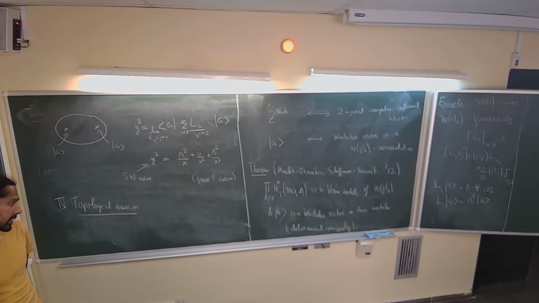Matrix models you can think of as zero-dimensional QFTs in some sense, where you're integrating over the space of matrices. So you integrate over the space of Hermitian matrices, for instance, with some potential. And you look at what happens when you send the size of these matrices to infinity, so large N expansions.